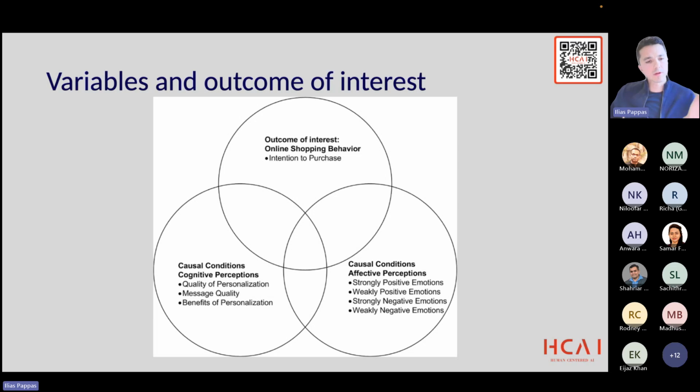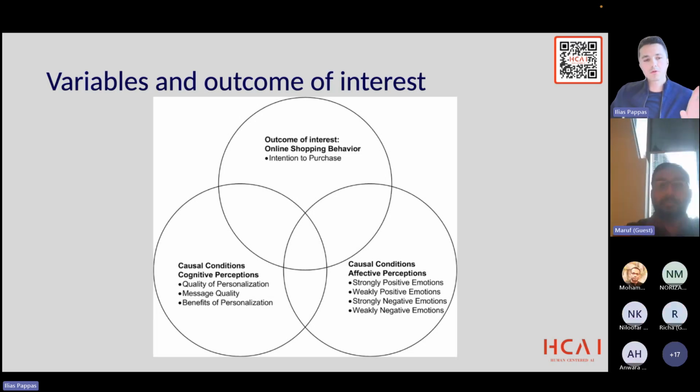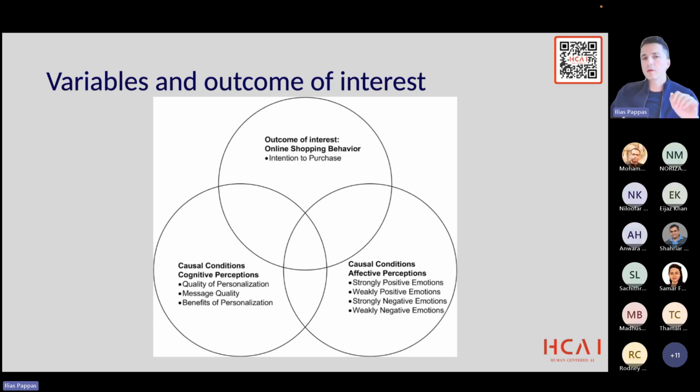I always like to start with a Venn diagram, just for the presentation at the conceptual level of the multiple combinations of the causal conditions and the outcome. There are different ways to visualize this. I've tried different variations of Venn diagrams, and not everybody uses Venn diagrams.